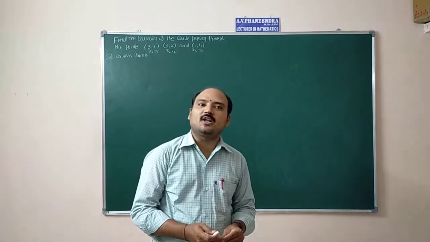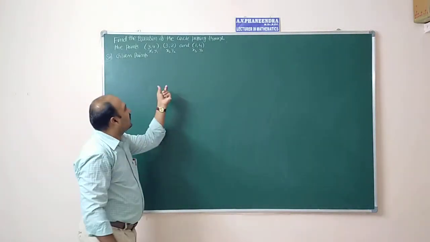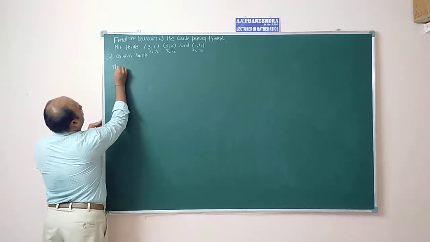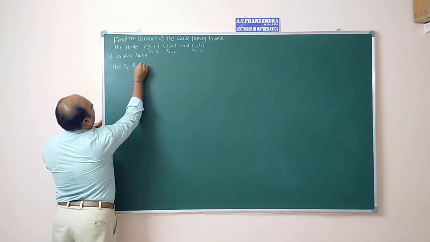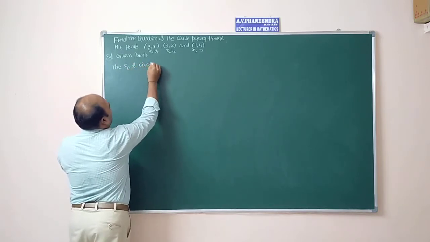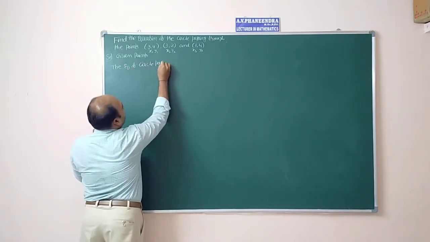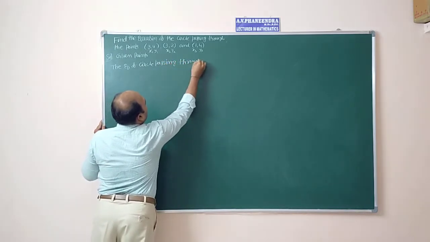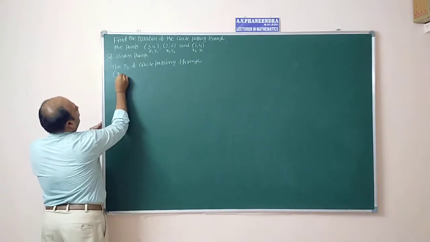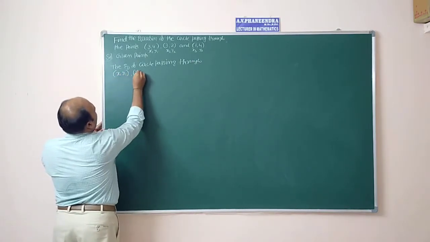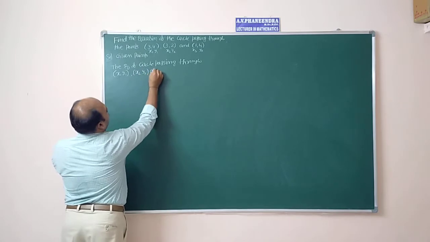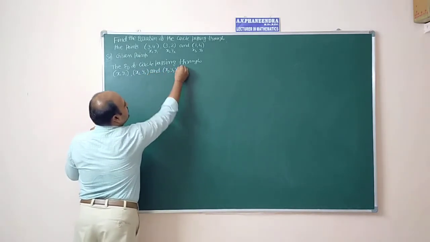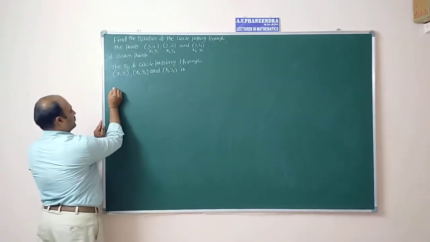The equation of the circle passing through (x1, y1), (x2, y2) and (x3, y3) is very important.